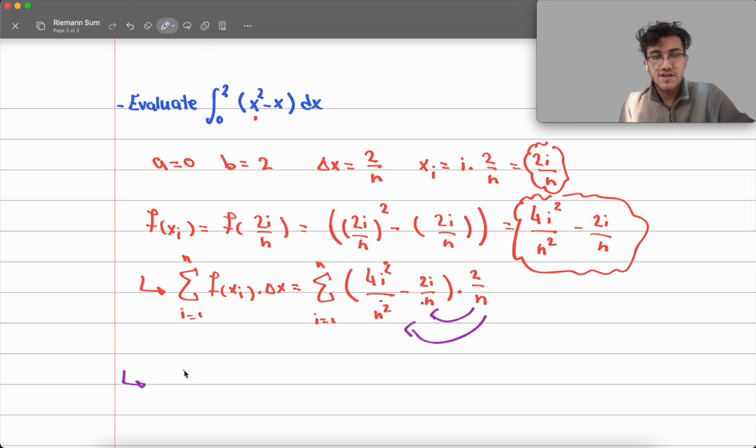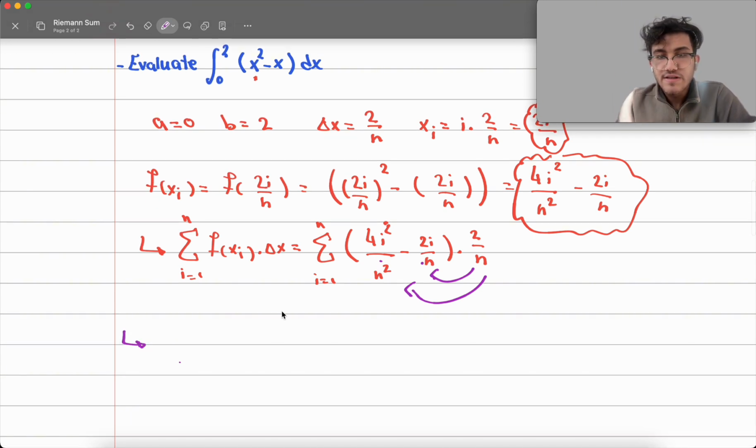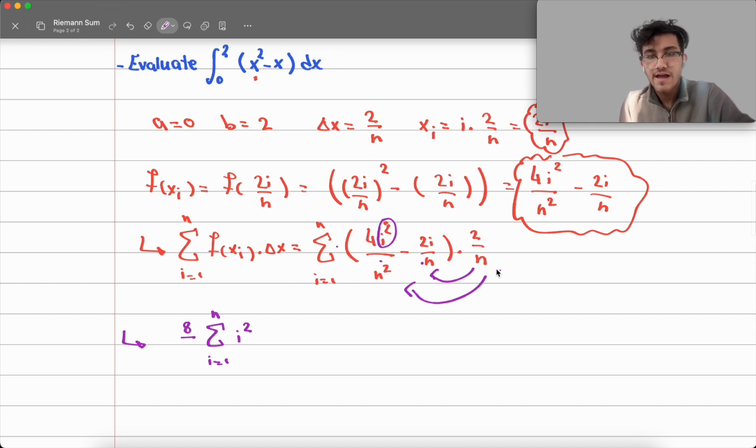So the sigma notation can be rewritten as, so I have the i squared. This is the only thing that should be in front of the sigma notation. So I will write it as sigma i squared. What else do I have? I have 2 times 4, which should be 8 in the numerator, and n times n squared, which gives me n cubed for this one.